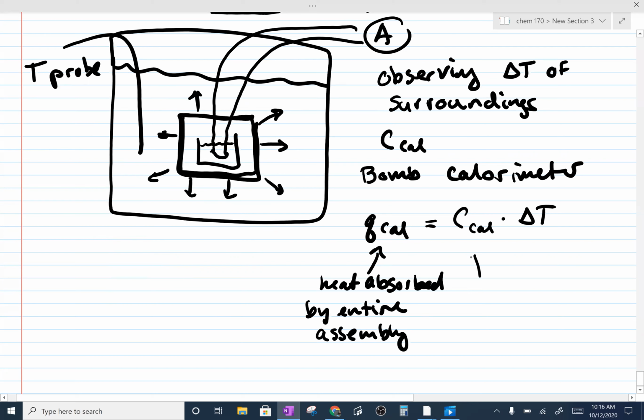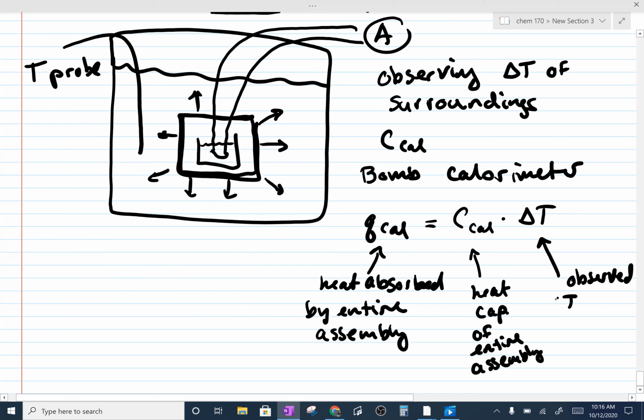Next, we have the heat capacity of the entire assembly. That's C cal. And delta T is the observed temperature change of the water.